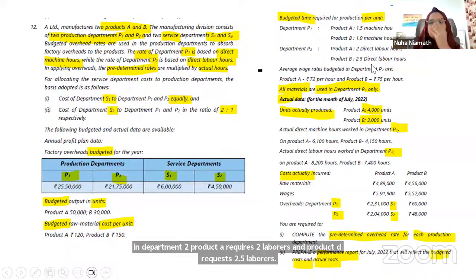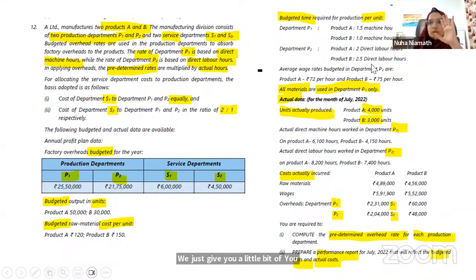So to just give you a little bit of a visualization of what's happening in this company, there are two production departments. Production department means where the product is actually being produced. And there are two service ancillary departments that are helping these production departments. Each production department is contributing to the production of these two products.